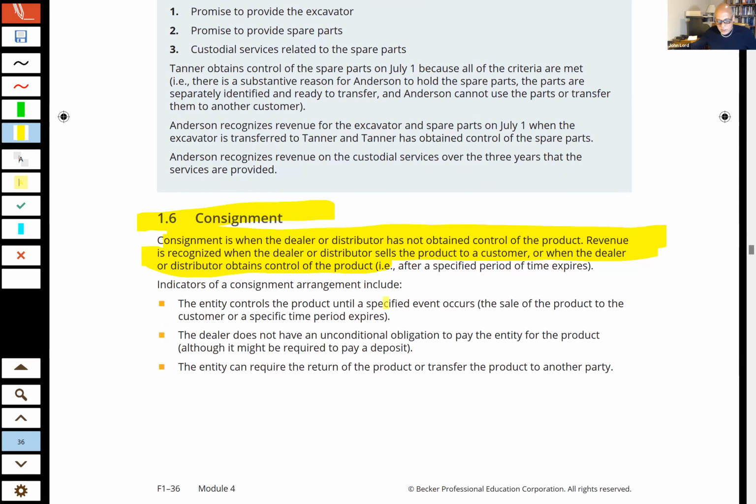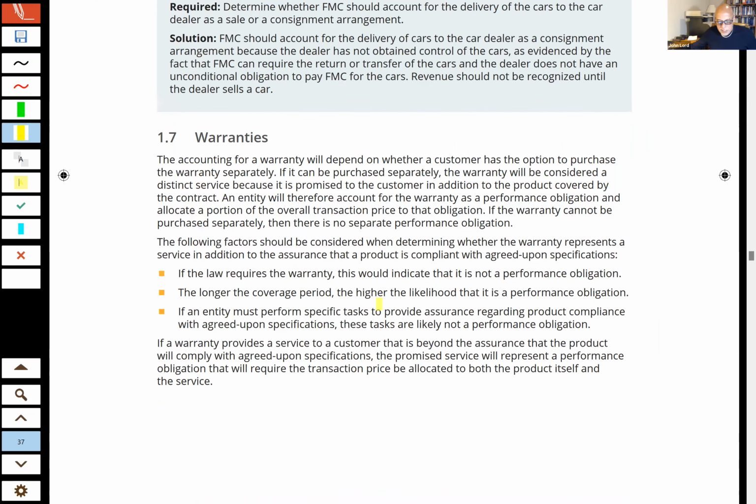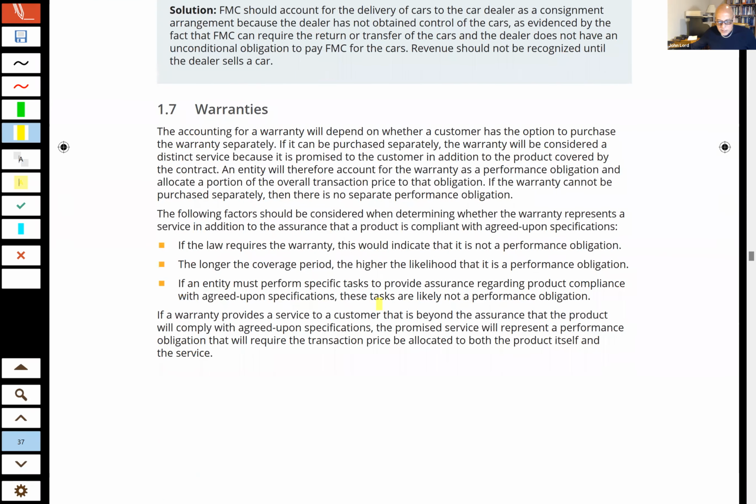Now, warranties. I'm not going to go through the example. The way to get warranties in your head is to think of what happens when you go to a company like Best Buy and you buy a computer, and they always do what?